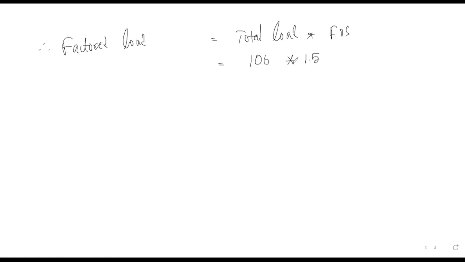Therefore the factored load acting on the girder is equal to total load multiplied with the factor of safety. The total load is 106, the factor is 1.5, so it became 159 kilonewton per meter. So this is our load acting on the structure.